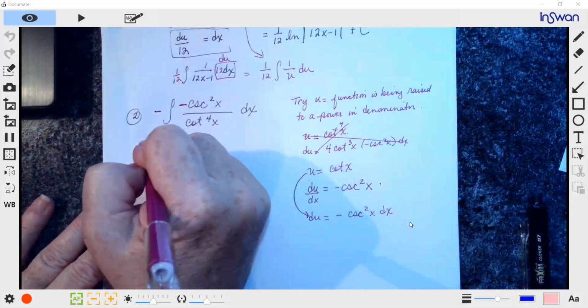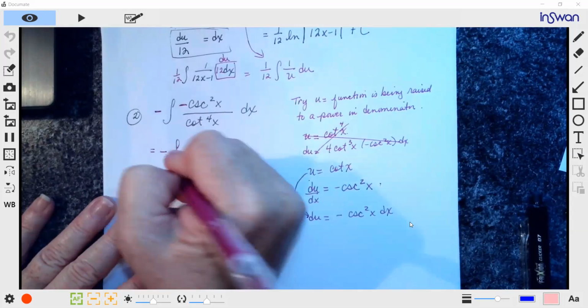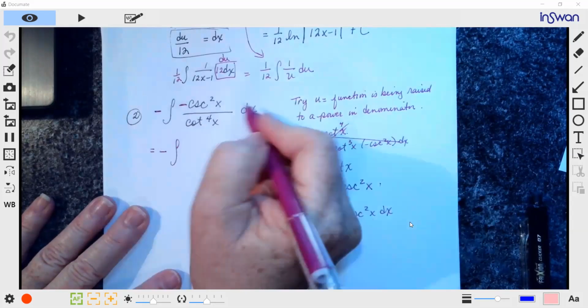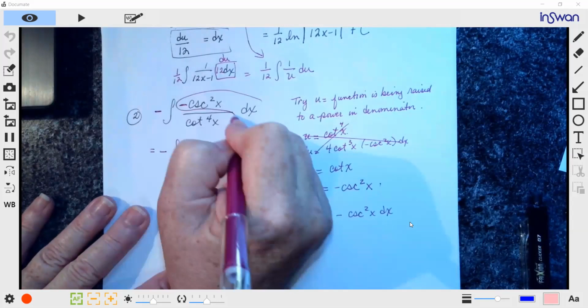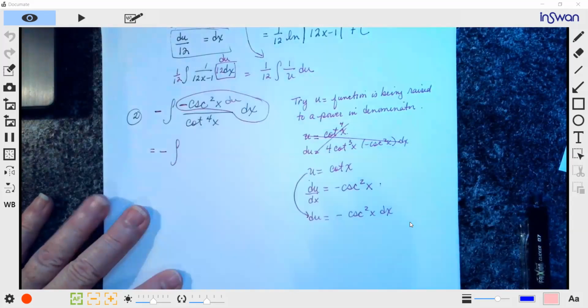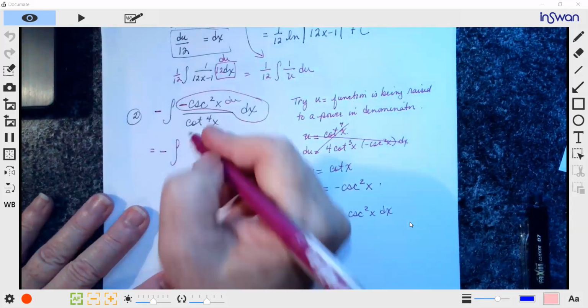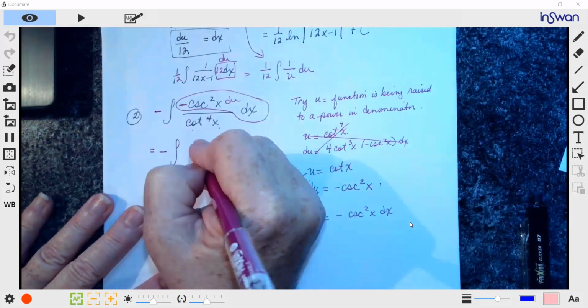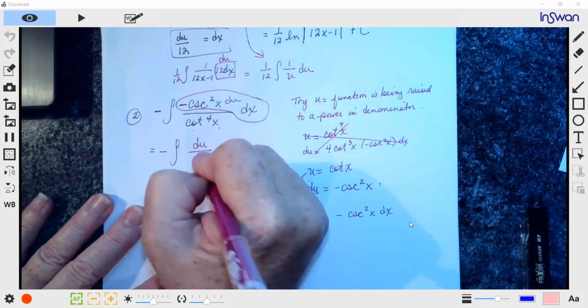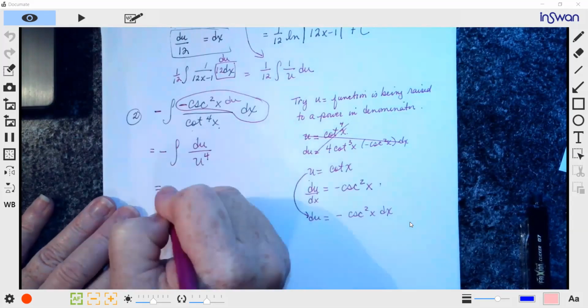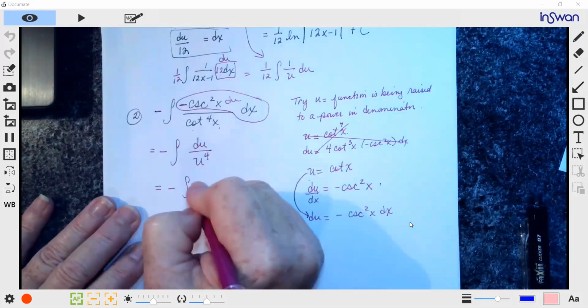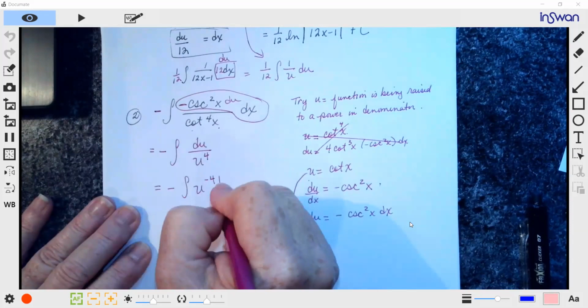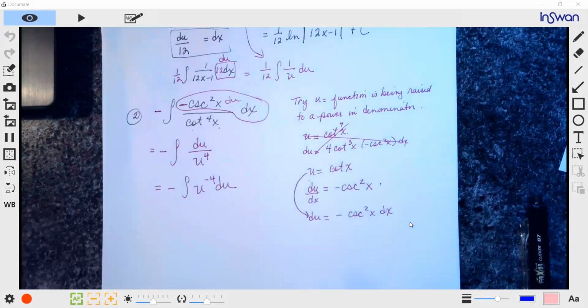And so we would have negative the integral of this whole chunk right here is du. Cotangent is u, so I have du over u to the 4th. We have negative the integral of u to the -4 du. Now, before we integrate that, does anyone have a question about it so far?